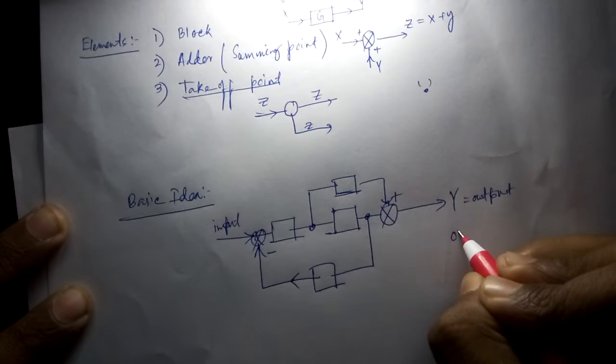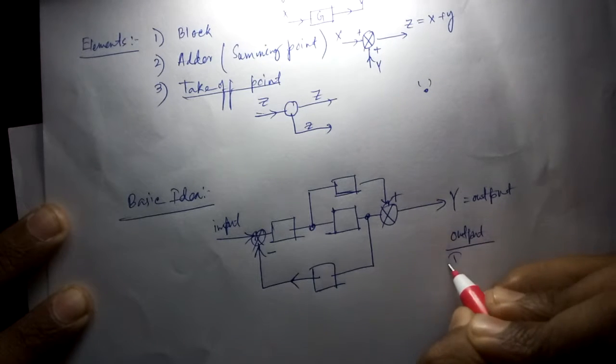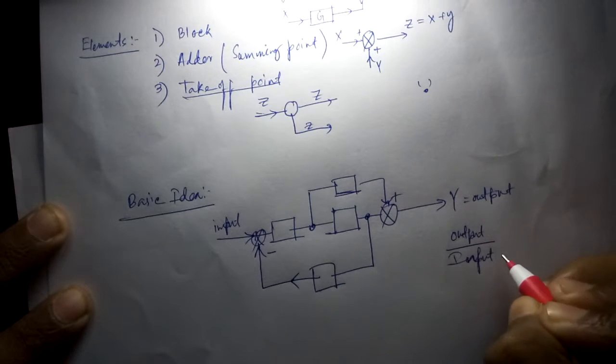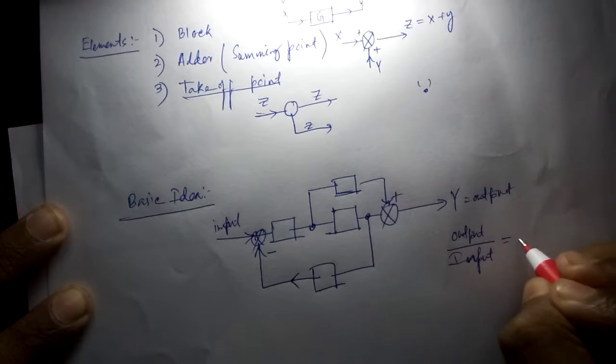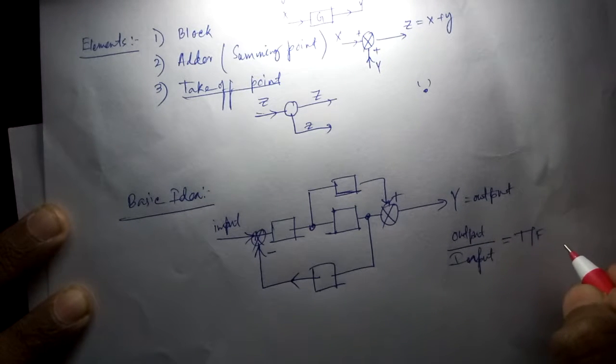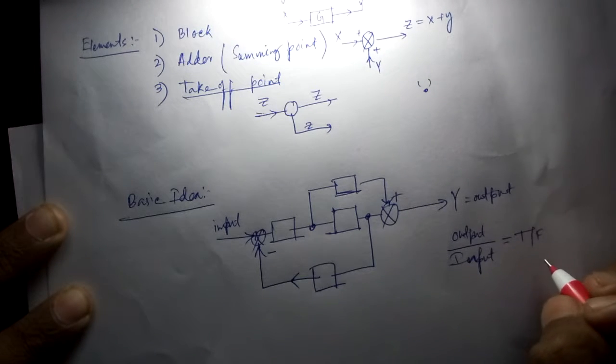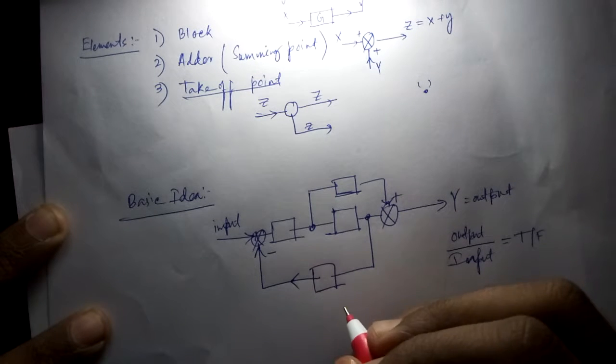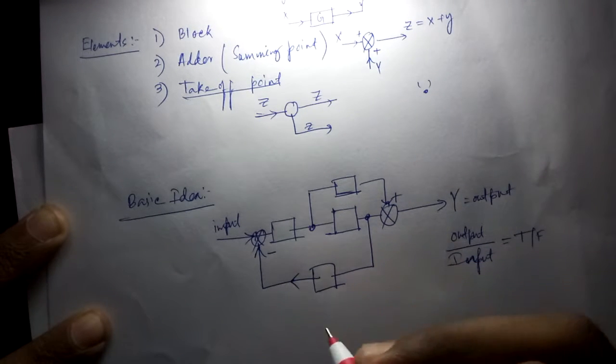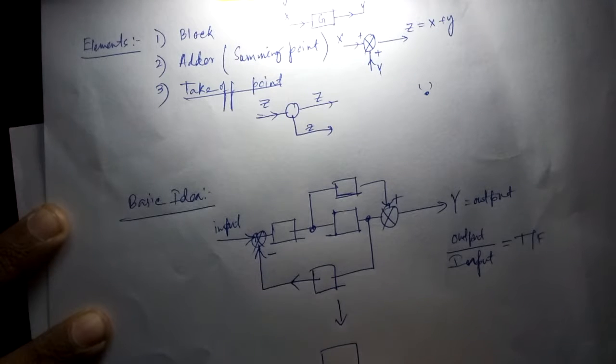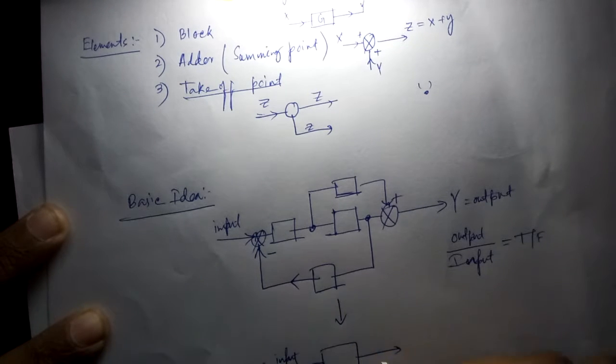Output by input, when all initial conditions are 0, we take as the transfer function. Hence the calculation of the transfer function of a system will be easier if we reduce the block diagram into a simple block, and take the same input here and the same output here.